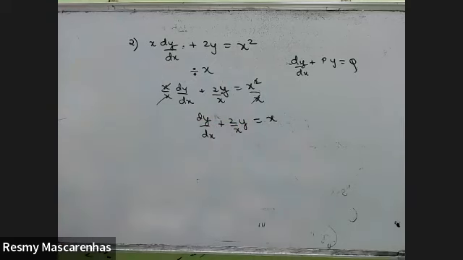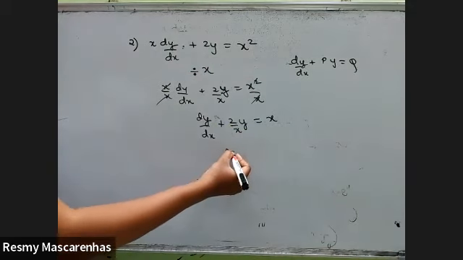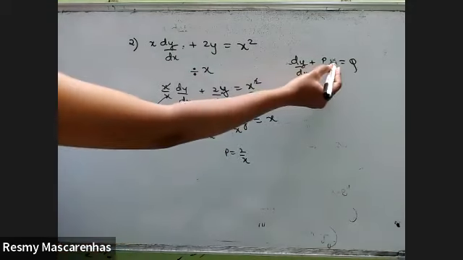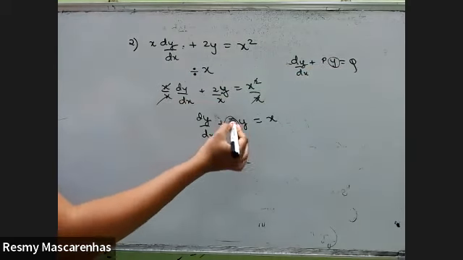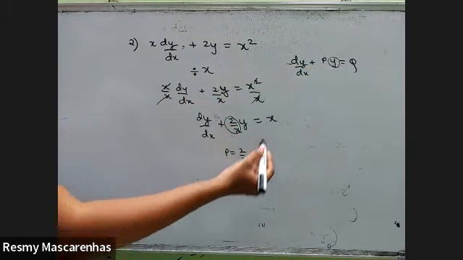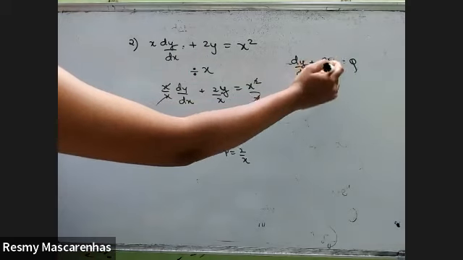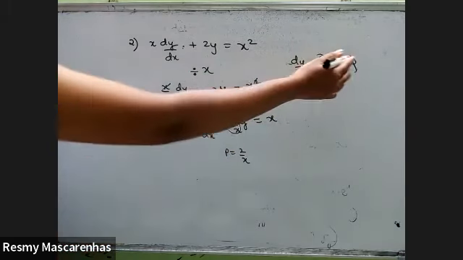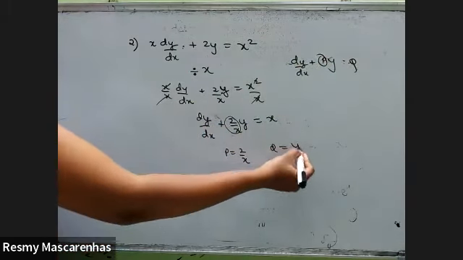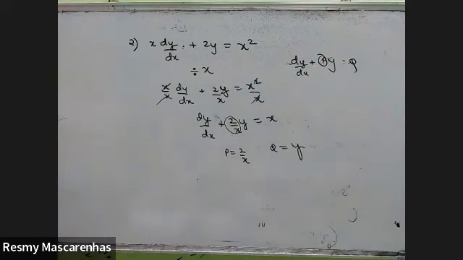Now compare it with this. So value of p is what? 2 upon x. Whatever is the coefficient of y is p. Okay. And whatever is here, q is anyways x.